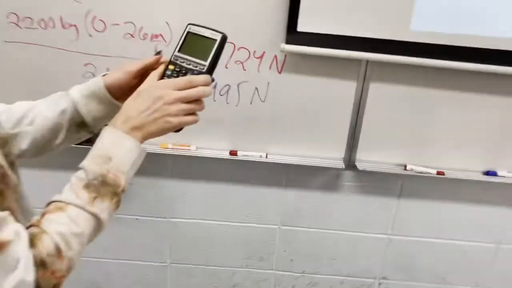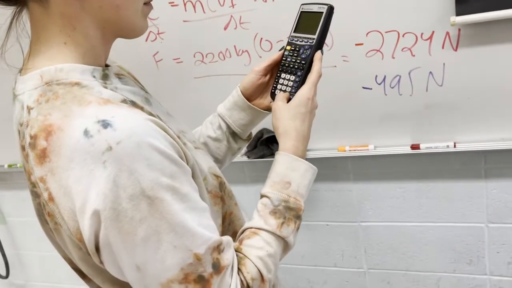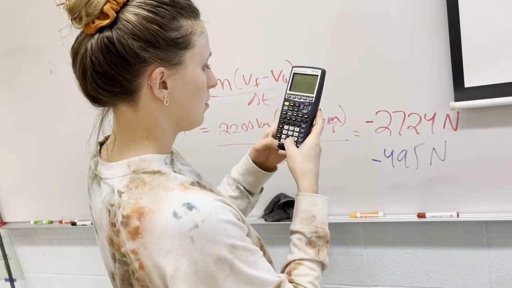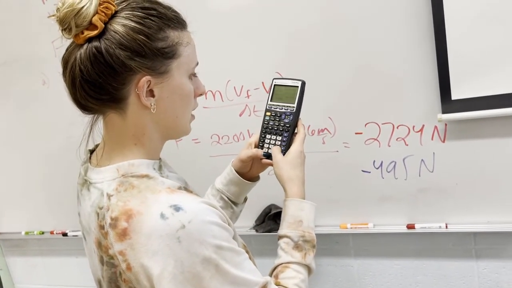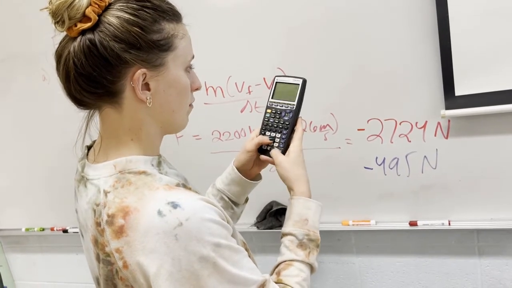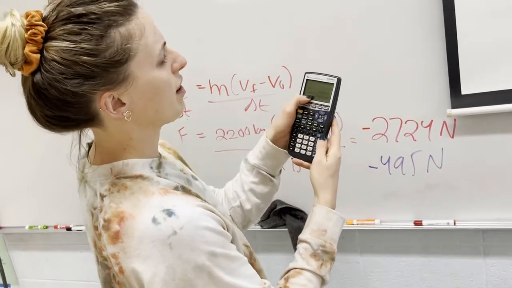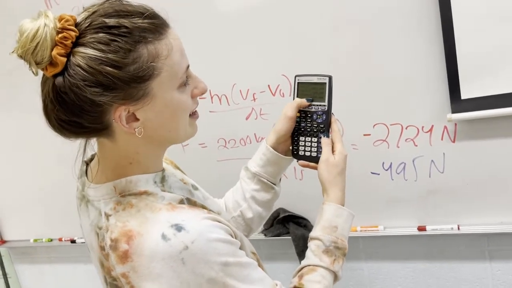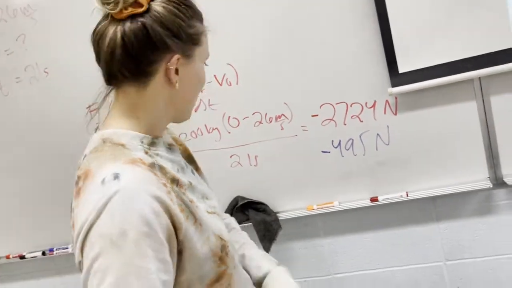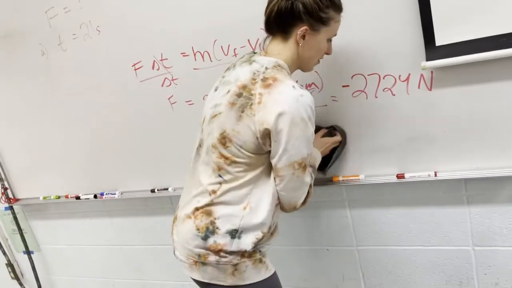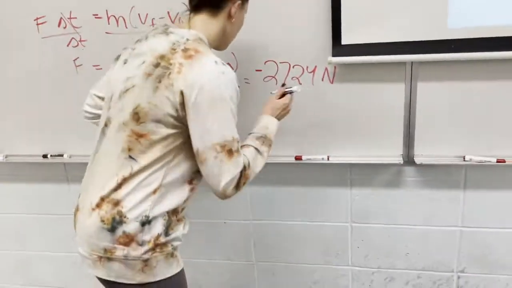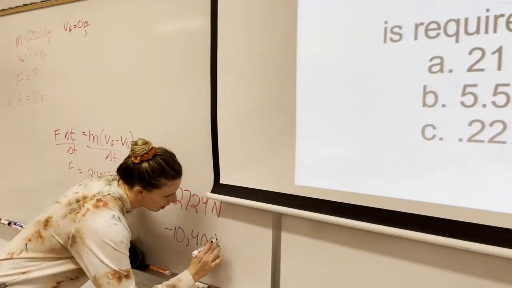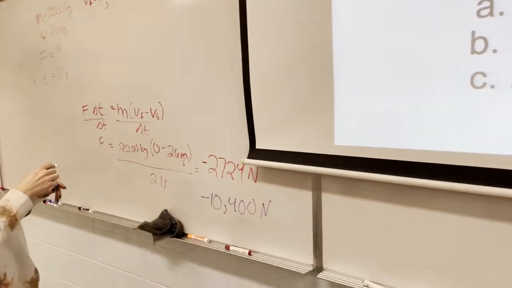Let me check this out. 57,200 divided by 5.5. Oh, there we go. So we actually have negative 10,400. That's more like it. So you've got to put the brakes on a lot harder to stop it. If you're stopping in 21 seconds, you're barely touching the brakes. 5.5 seconds, that's a little bit harder.